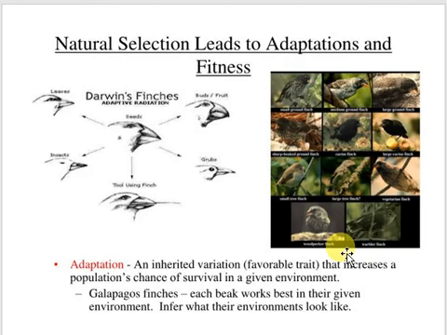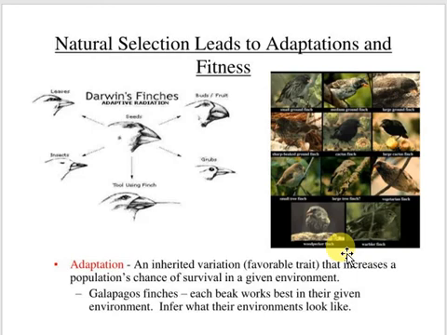Fitness refers to an organism's ability to survive and reproduce, and therefore its ability to pass traits on to offspring. So when we say something is the fittest, we mean it has traits that enable it to survive and reproduce.